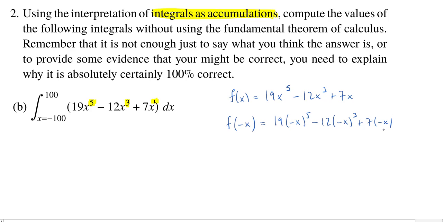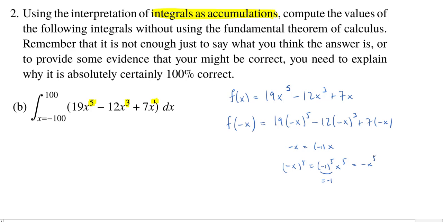And this is where the odd degree matters, right? Each one of these fifth powers, third power, first power, when it hits that negative sign, is not going to change anything, right? You could think of negative x as negative 1 times x. So if you have negative x to the fifth, this is the same thing as negative 1 to the fifth times x to the fifth. And if you raise negative 1 to an odd power, you get negative 1.